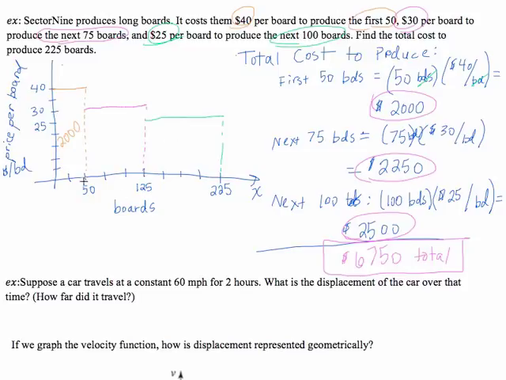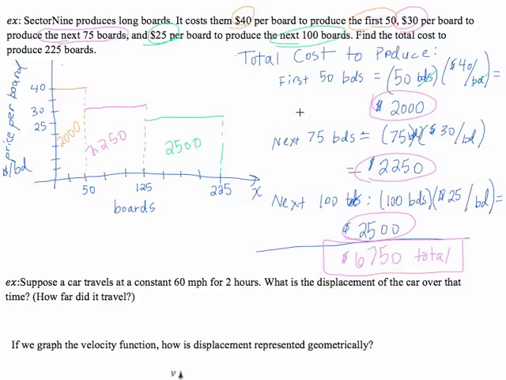Then this width 75 times the height 30 corresponds to the area of the middle rectangle, which is 2,250. And then 100 for that length times the height of 25 corresponds to 2,500. So the sum of the areas of these rectangles, or the area under this marginal cost function, equals the total cost to produce a certain number of boards.